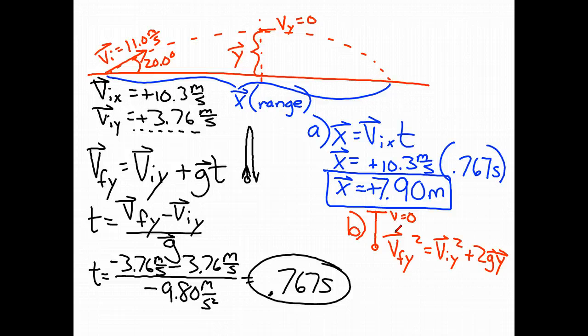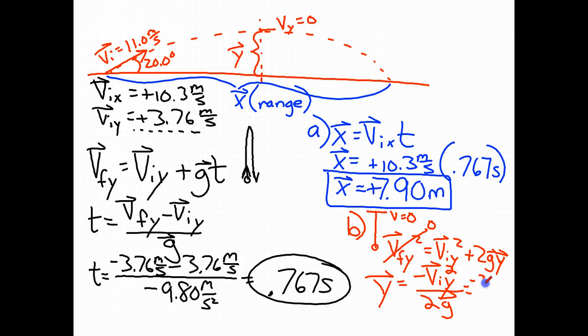Okay, the final velocity at the top would be 0. I'm going to solve for y. Y is equal to negative VIY squared, because I have to subtract that to the other side, divided by 2G. I plug my values in. Make sure I don't forget that squared.